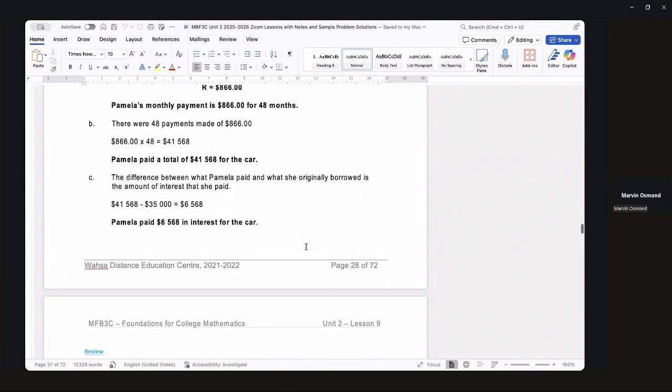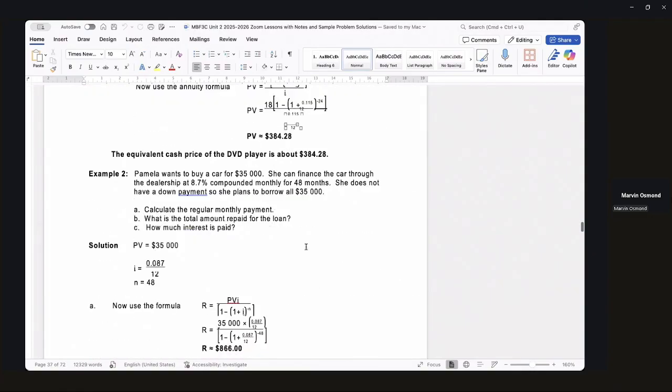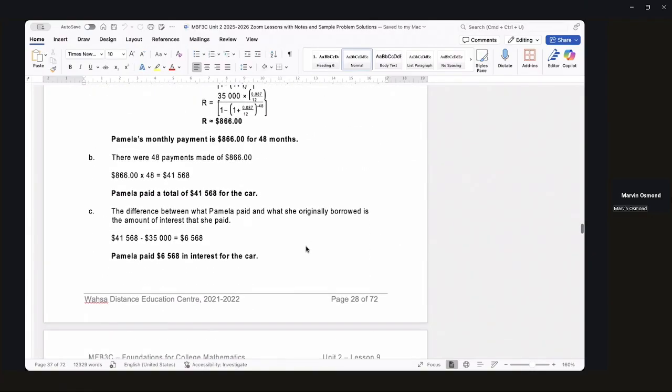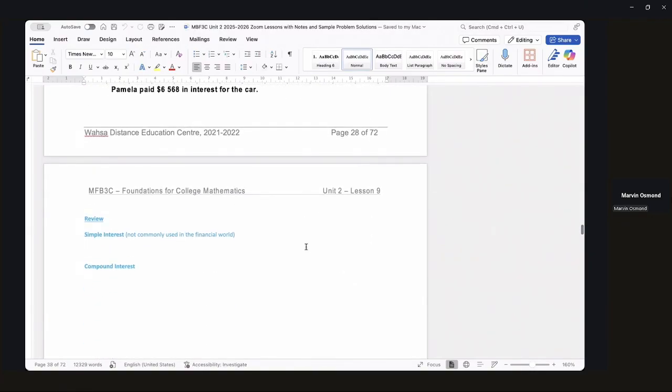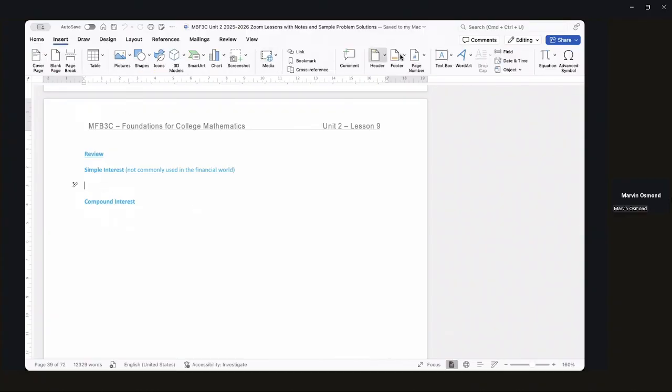Okay, in the material that you received there are some examples which I'm not going to work through, because I want to work through some other ones with you to give you more practice. So before we get on, let's do a quick review of simple interest.